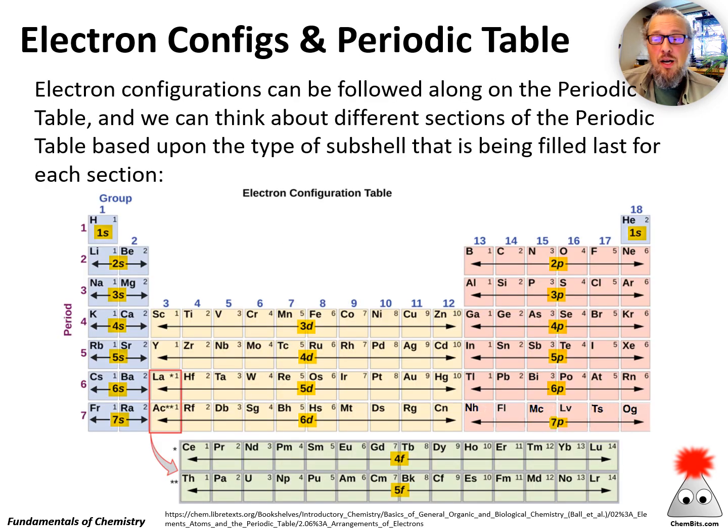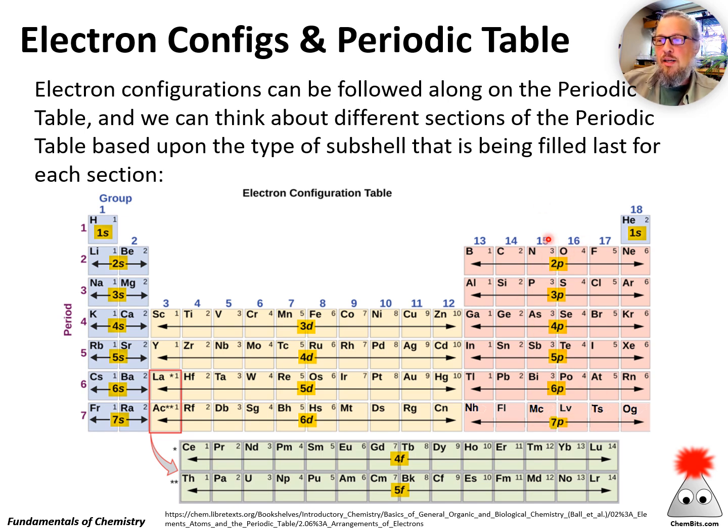So looking at the periodic table, we can now get back to, remember we talked about this being the S block of the periodic table. Well, that's because the subshells that are being filled here are s orbitals. Similarly, we call this the p block.